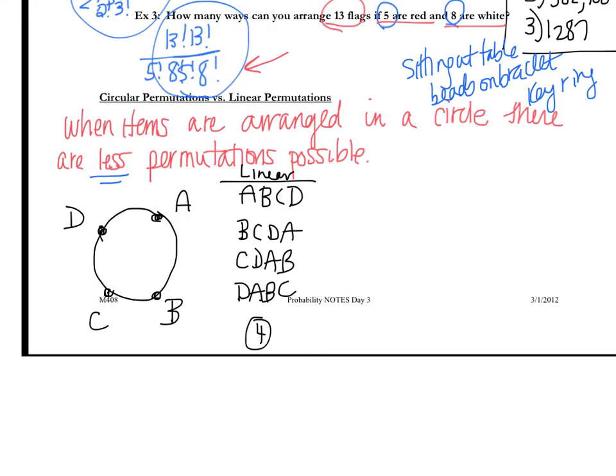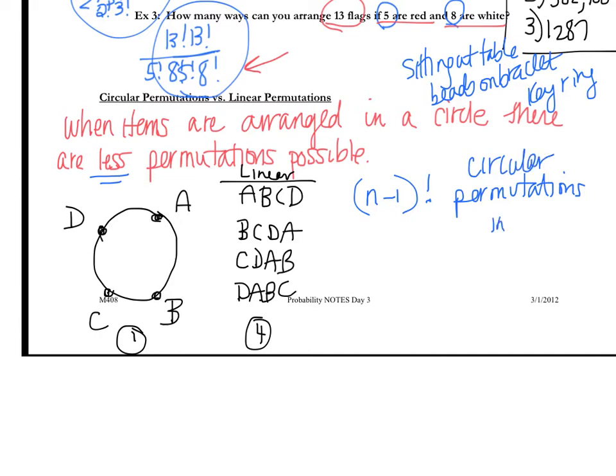However, these 4 linear permutations match up with 1 circular arrangement at the table. These 4 people have not moved. This is 1 circular arrangement. Because of that, there are going to be n minus 1 factorial circular permutations, instead of the n factorial that we learned the other day.